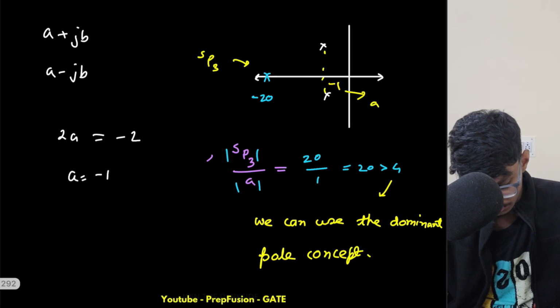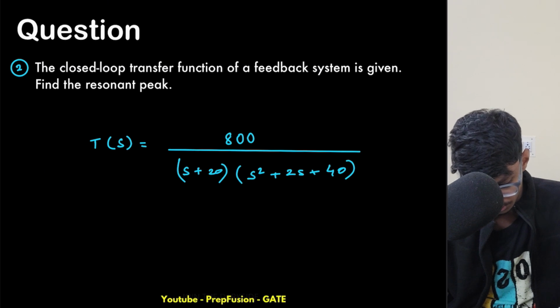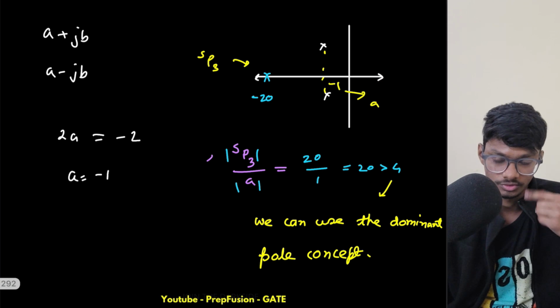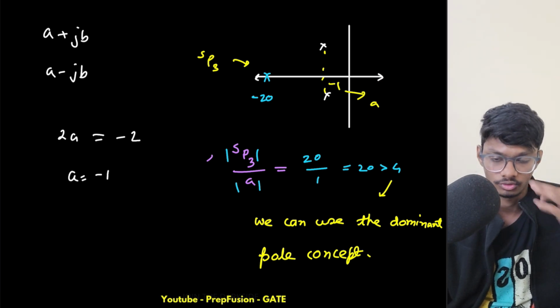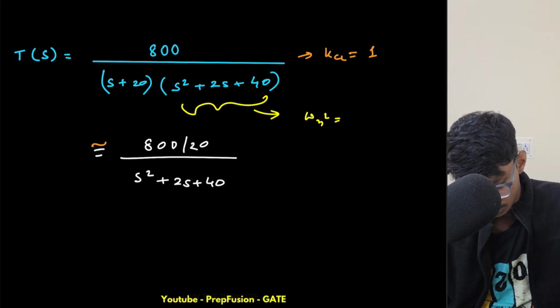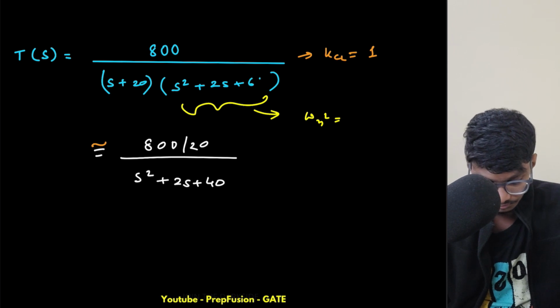Sorry, I think there has been some mistake in the question. Actually, this was supposed to be 64. That is what I am thinking, because I made this question and I thought omega n as 8. So all this will remain same. This one will just become 64. And the DC gain of course will change.